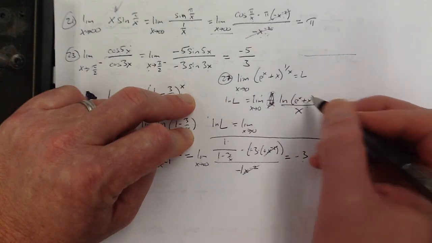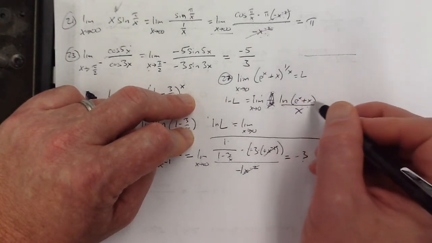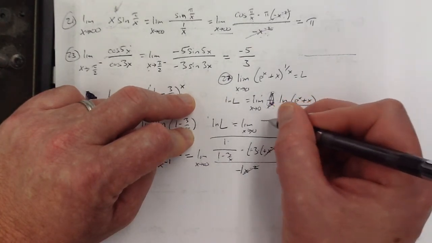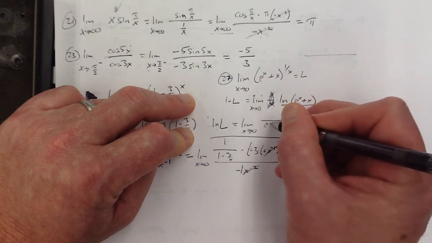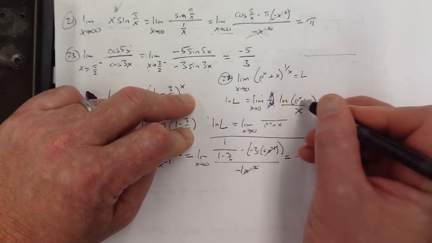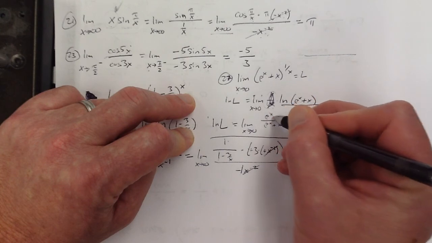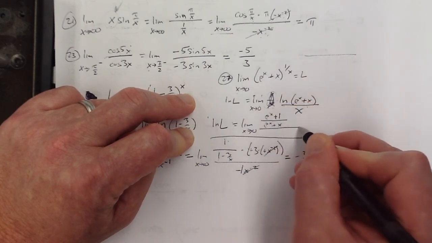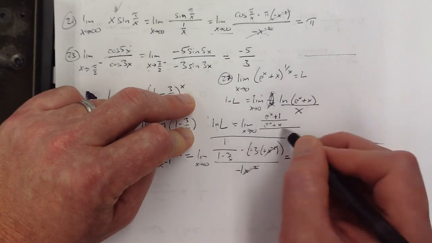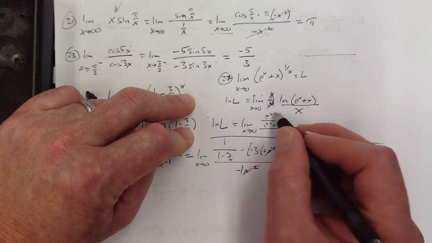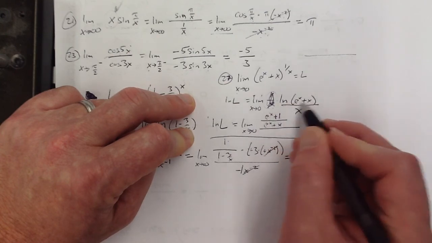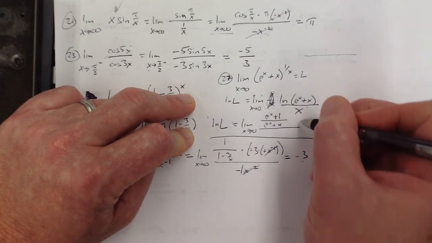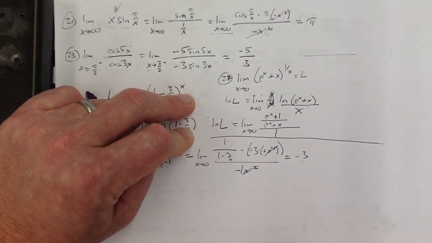And get, let's see, the derivative of natural log of whatever is 1 over whatever times the derivative of what's inside. Right, that's the derivative. That's 1 over this. And then when I do the derivative of what's inside, over the derivative of the bottom, which is just 1.